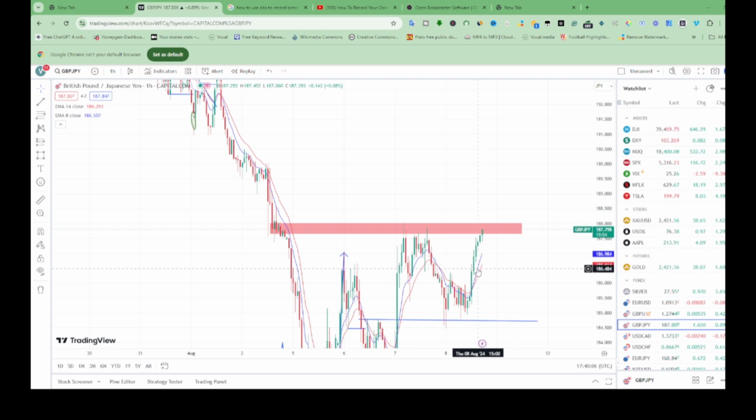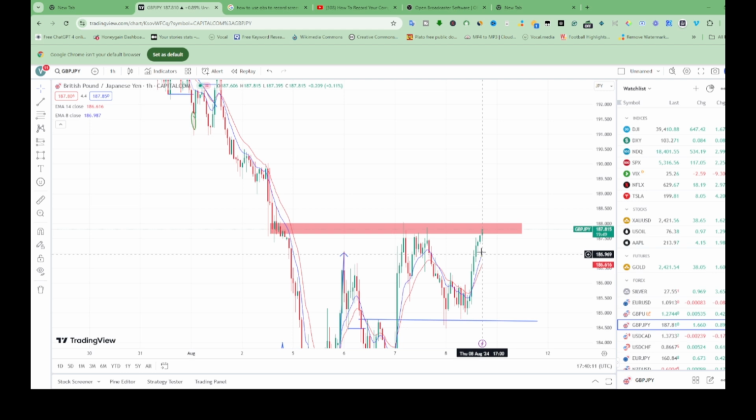This blue represents green, while this red represents sell. When this red crosses over, it means it's going down. When the blue crosses over, it means it's going up.